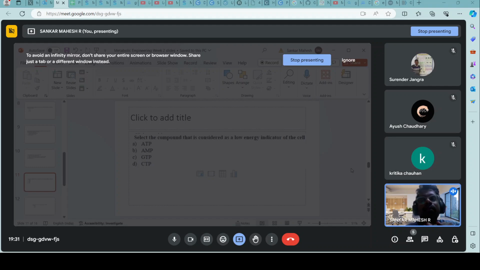This energy is not wasted, but is utilized for the cell's cellular roles. Now, when a lot of ATP is converted into a lot of AMP, most of the cell's energy is being used up, meaning it goes low on energy. So the low energy indicator of the cell is AMP. Was it clear? Yes, sir. Okay.